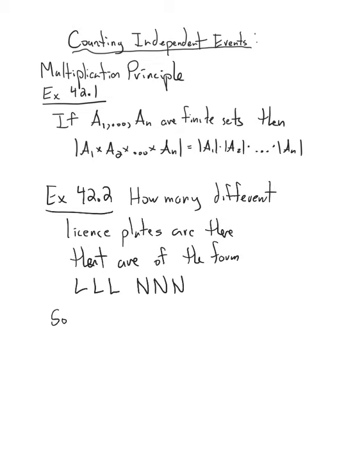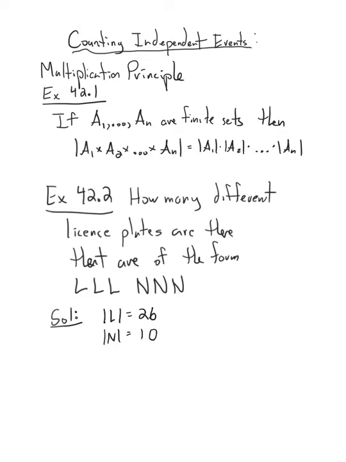So, our solution to this: if L is the set of all letters, then the size of L is 26 letters, A through Z. And the numbers are really digits, right? So how many digits are there? There's 0 through 9. That's 10 digits.